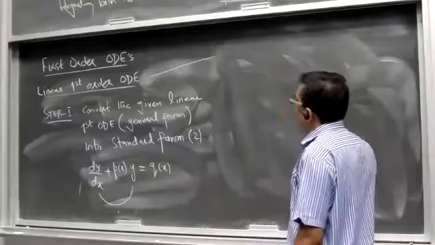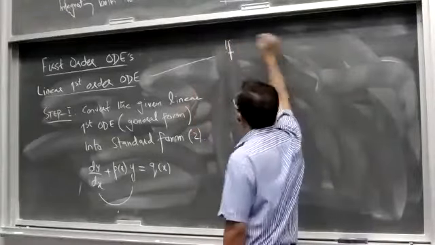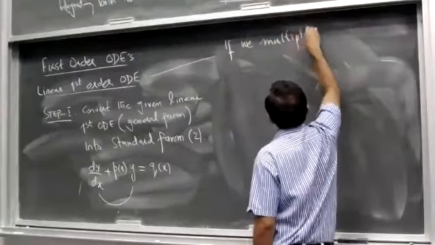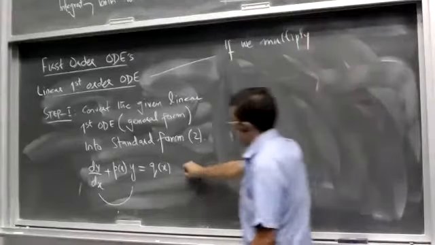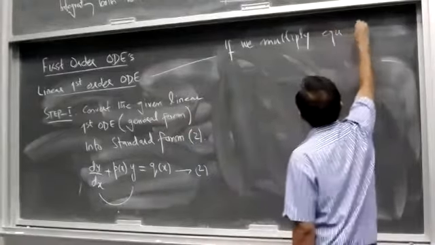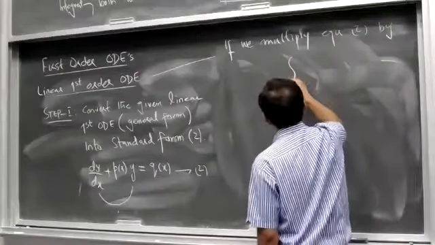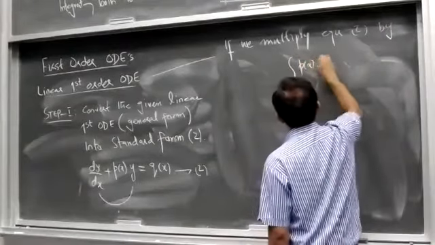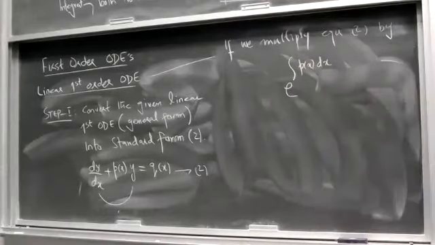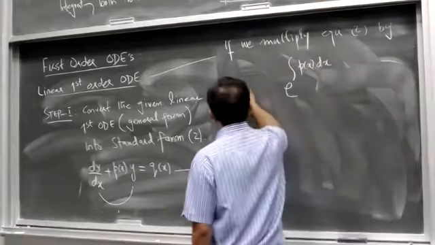Now, there is a standard form of that function. If we multiply equation 2 by e raised to the power integral p of x dx, this is a standard function and it is called the integrating factor.